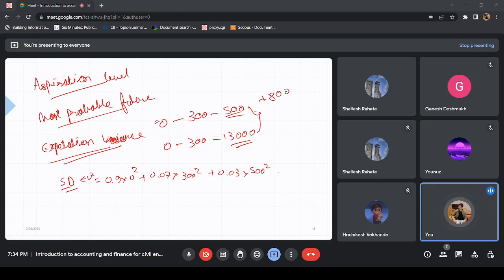In case of buying insurance, that is 13800. Similarly, in another case, it is how much? 0.9 into 0 square plus 0.07 into 300 square plus 0.03 into 13,000 square, right? So this value is 5076300.